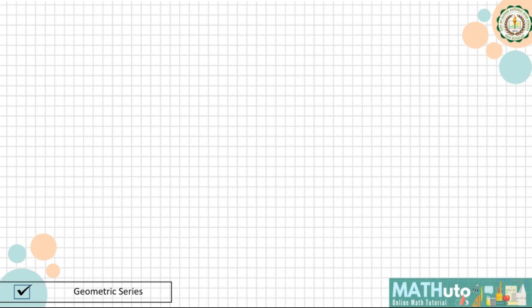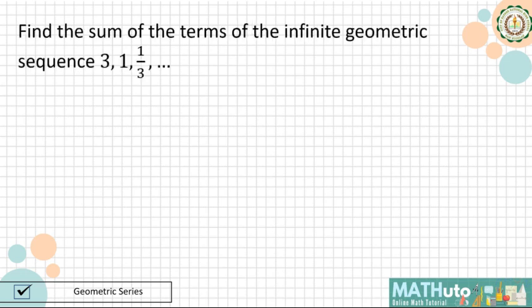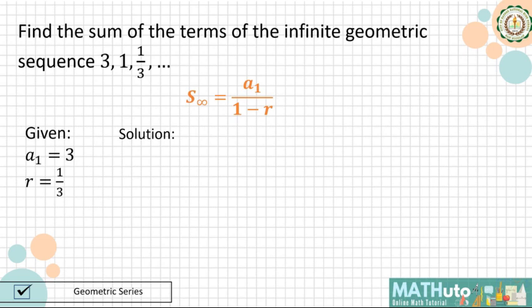For example, find the sum of the terms of the infinite geometric sequence 3, 1, 1/3. Using our formula, let us first state the given. We have a sub 1, which is the first term, that is 3. The common ratio is 1/3. 1 divided by 3 is 1/3. Let us now use the formula and substitute our given.